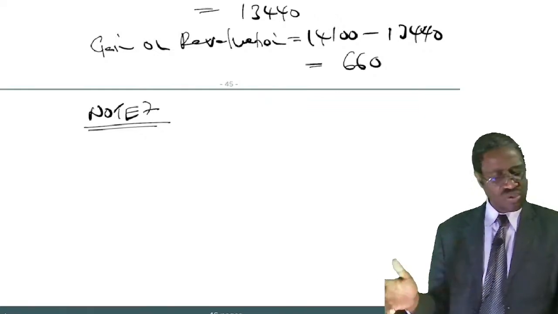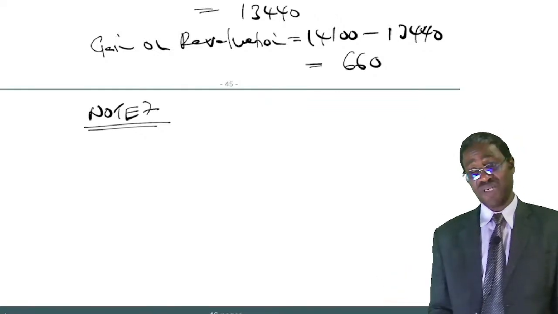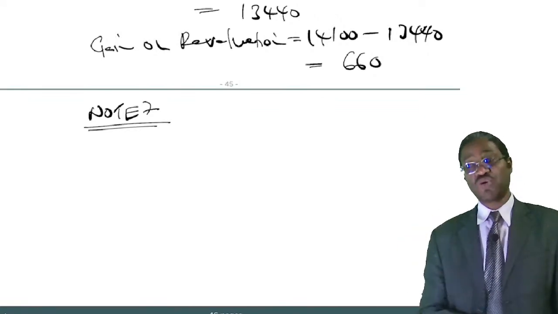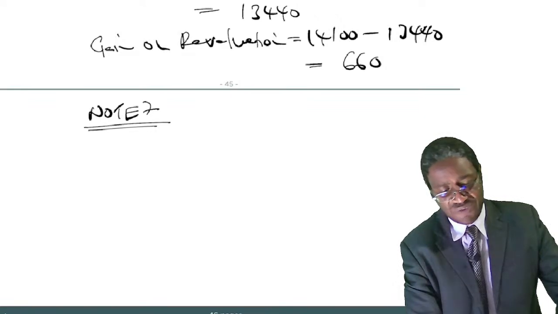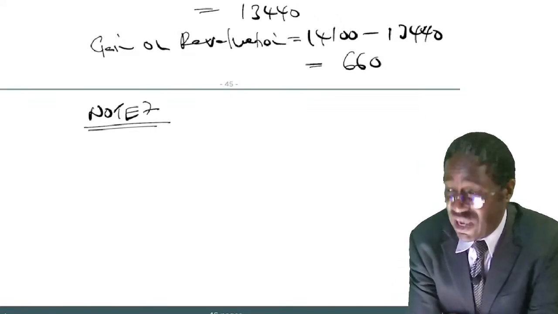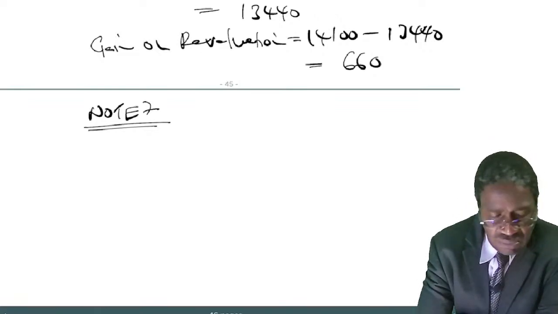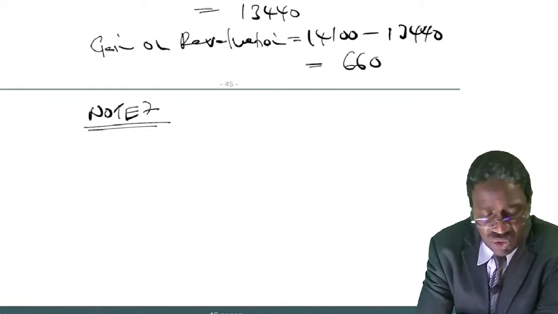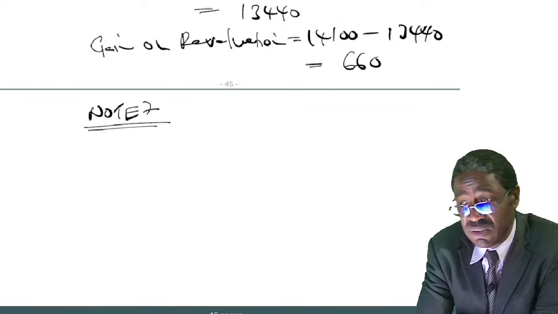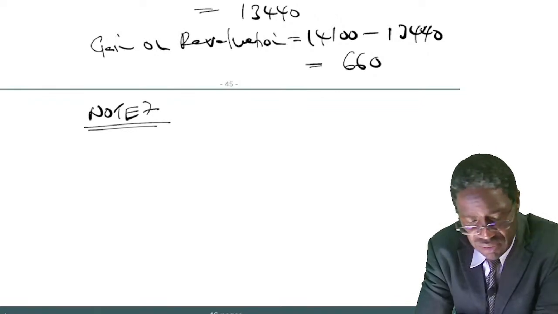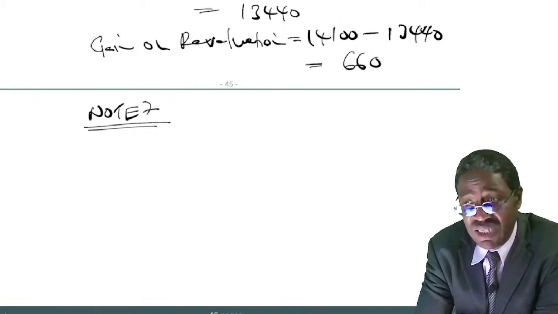Just say this: out of 500 bad debts, in bracket fraud, so that you know it's a fraud, out of 500 bad debts (fraud), 200 was for last year, and 300 for the current year.